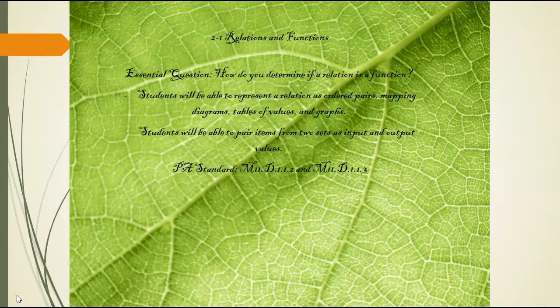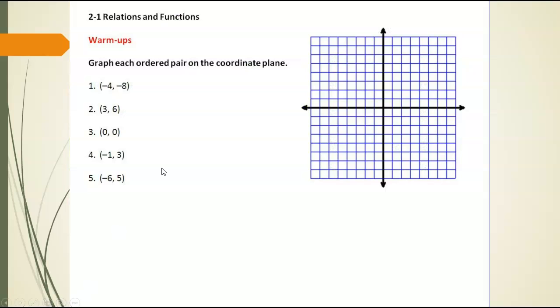We are looking at what relations represent functions, ordered pairs, mappings, diagrams, tables, and domain and range. So the first thing we're going to do is graph some ordered pairs to ensure that we know what ordered pairs are and how we graph them.